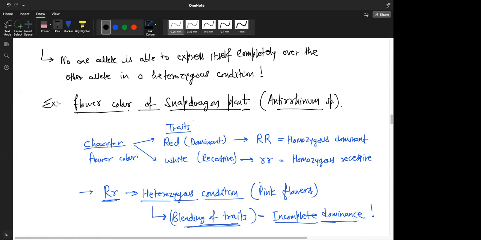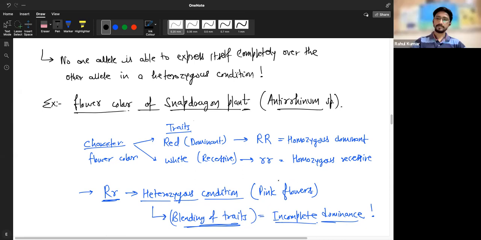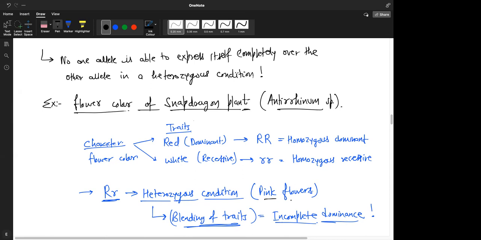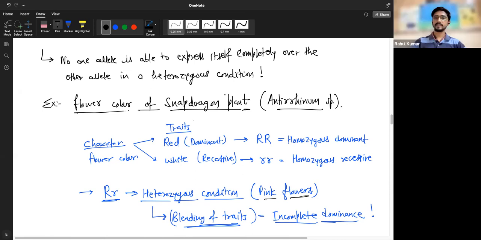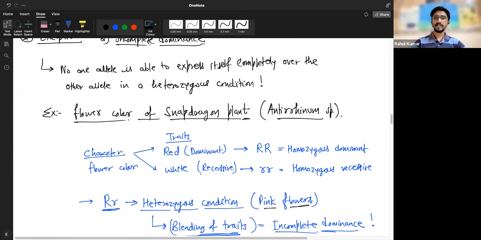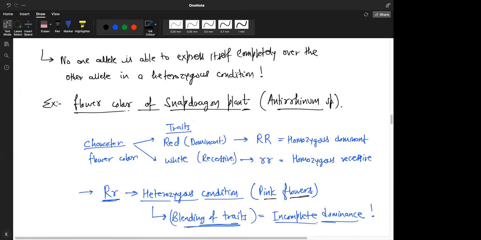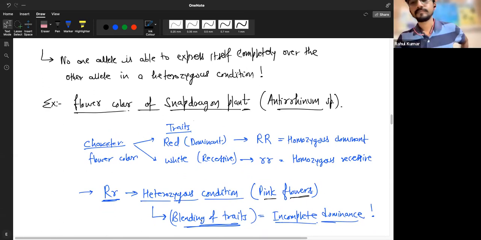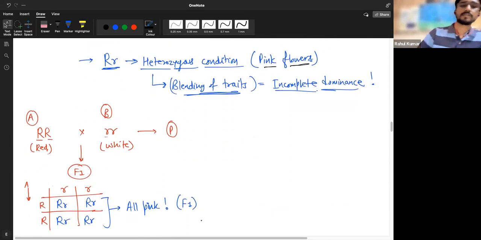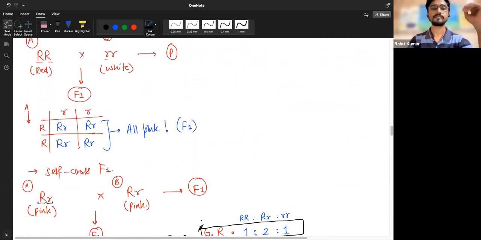It should be showing red, but instead it is showing pink. Which means that there is an incomplete dominance in the flower color of snapdragon, because there is blending. This is the cross for that.